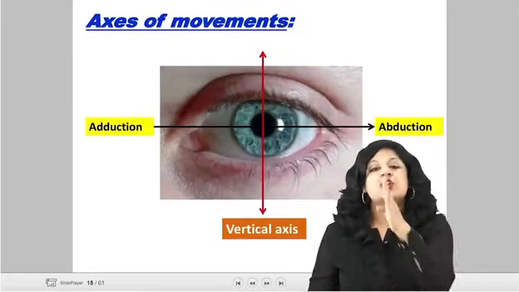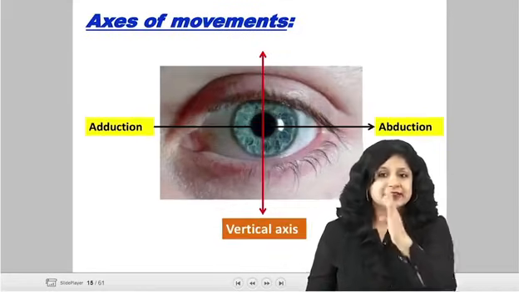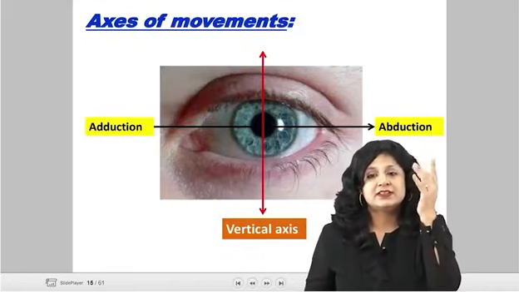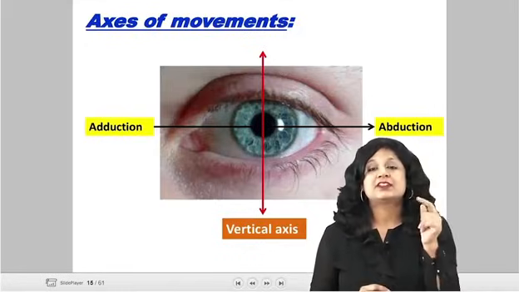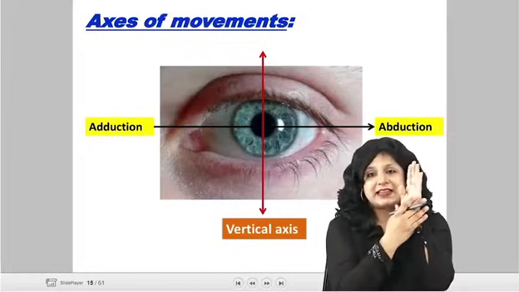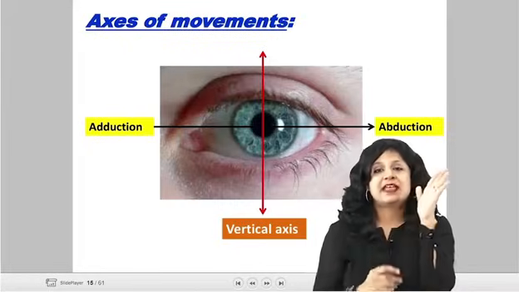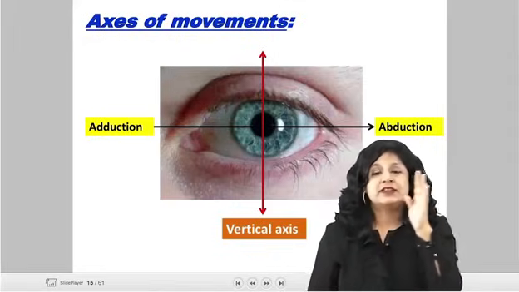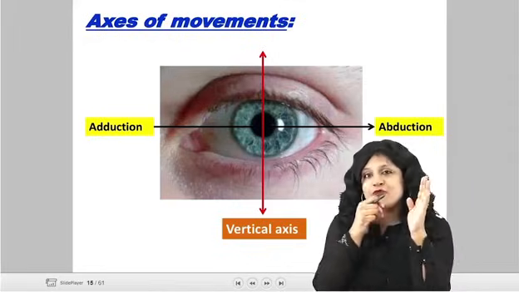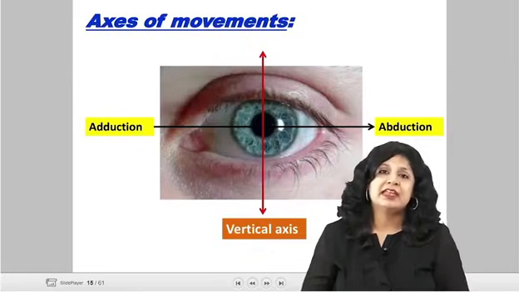Similarly, if I talk about the vertical axis, so this is my vertical axis. In this vertical axis, now what is happening? The movement is taking place in the horizontal plane. So what is this movement? Adduction and abduction.